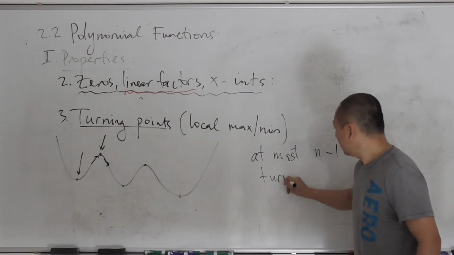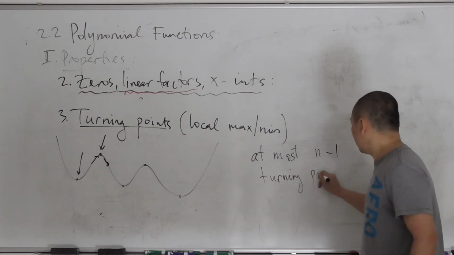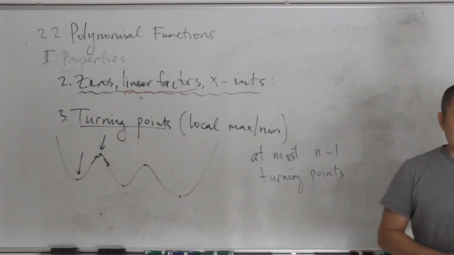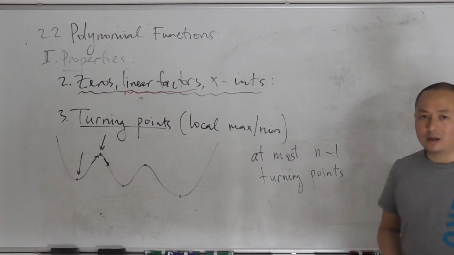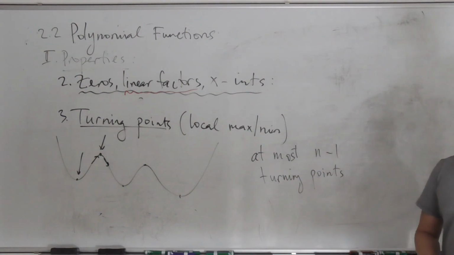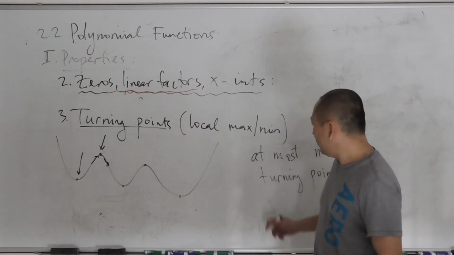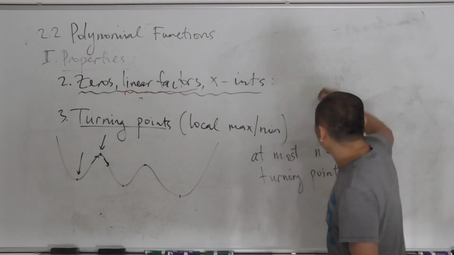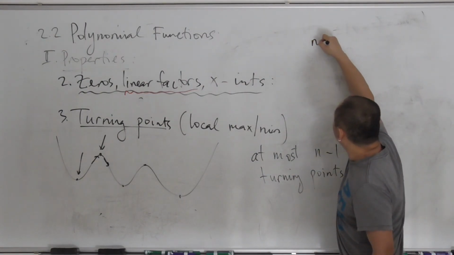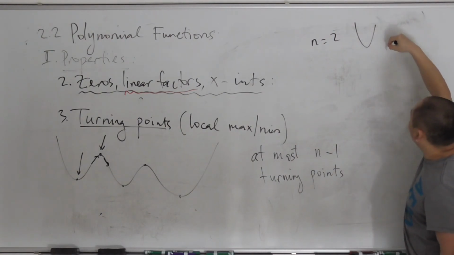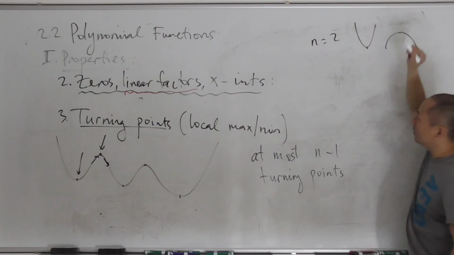So a polynomial of degree 5, you know that it's going to have at most 4 turning points. Polynomial of degree 1000 is going to have at most 999 turning points. So we have a polynomial of degree 2, a quadratic function. It has exactly 1 turning point. Degree 2, 1 turning point, equal to a parabola, either upward or downward. You see, just 1 turning point.